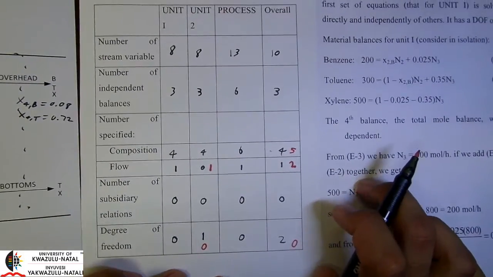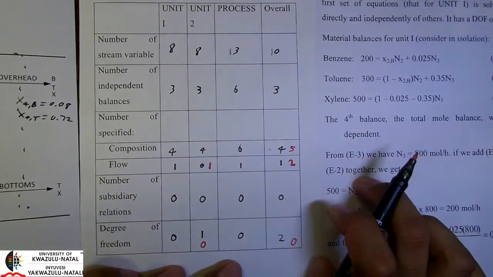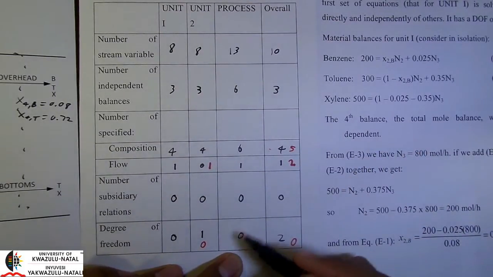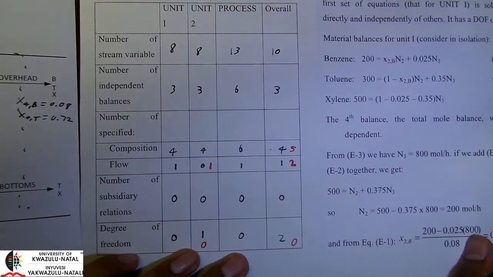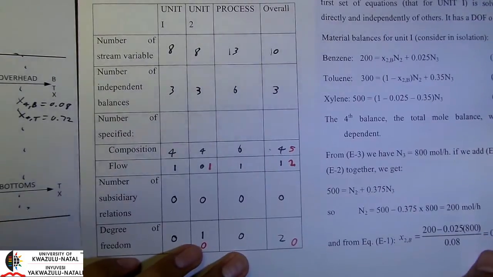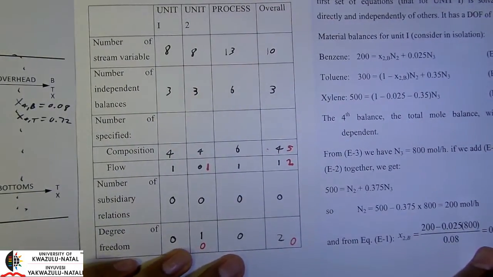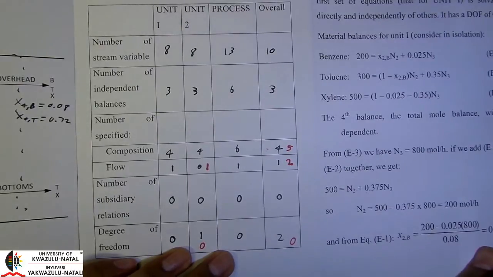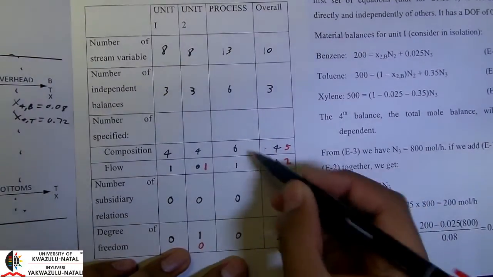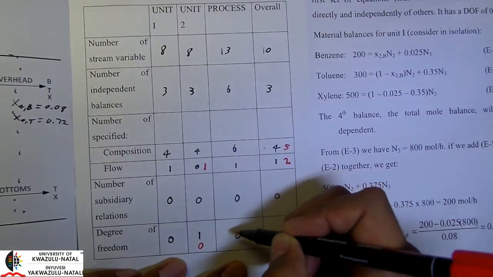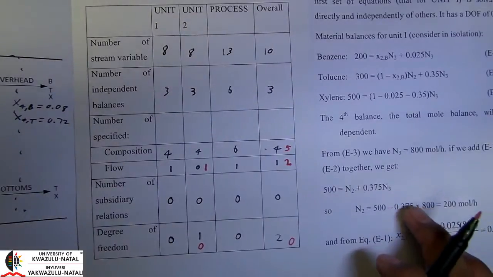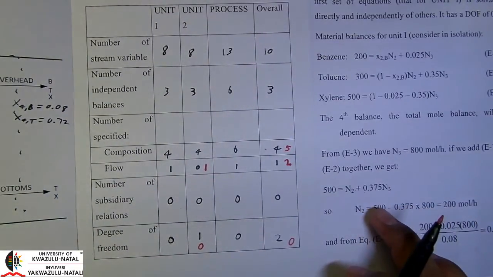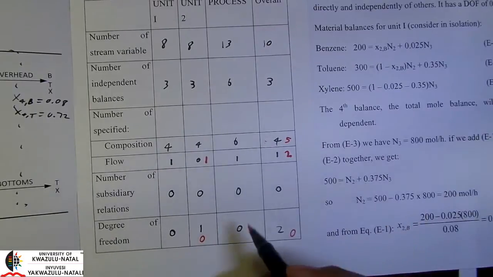And the answer is no. We have predetermined that we have a degree of freedom of 0 for the process initially, so it means that the entire process is definitely solvable. Now that we have solved for certain variables and certain variables have become specified, the degree of freedom for the process may end up being negative. But that does not concern us. The process degree of freedom can be negative. That does not matter.